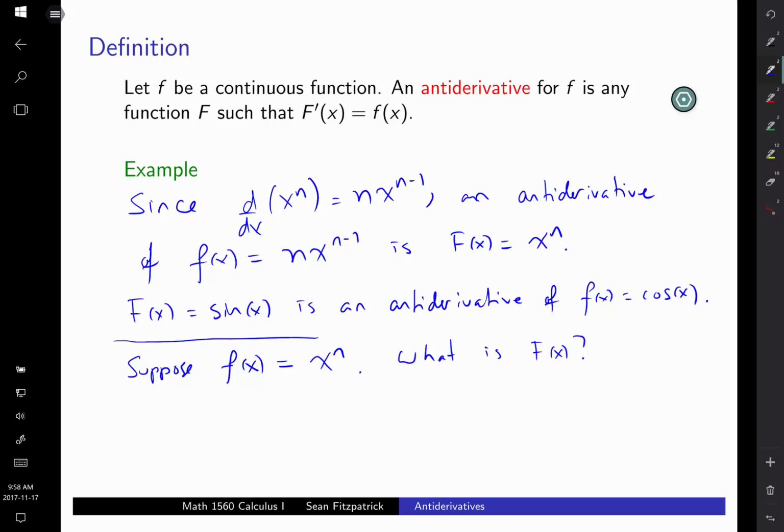Well, we've got a power, and so we probably can guess that this power came from some other power, right? So what happens when we take a derivative? When we take a derivative, we subtract 1 from the power. So for the antiderivative, we should add 1 to our power, add 1 to the exponent.